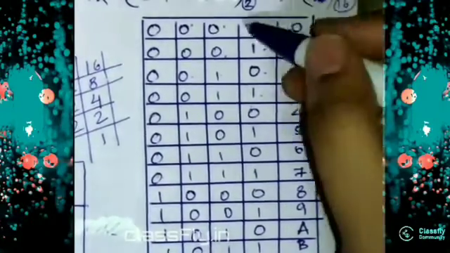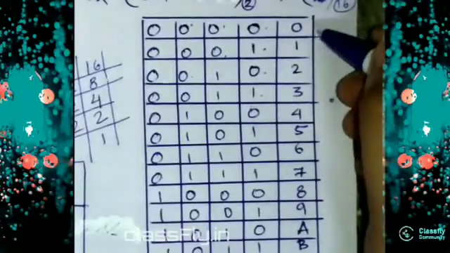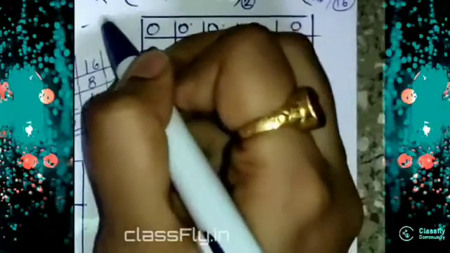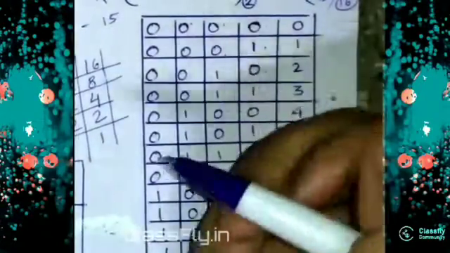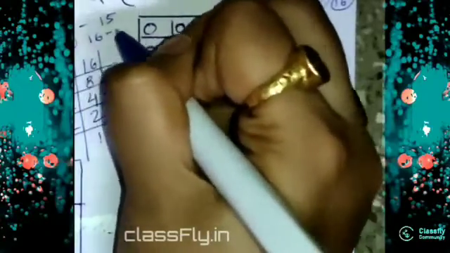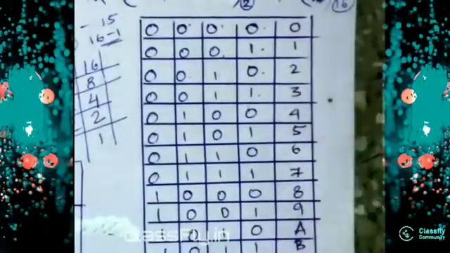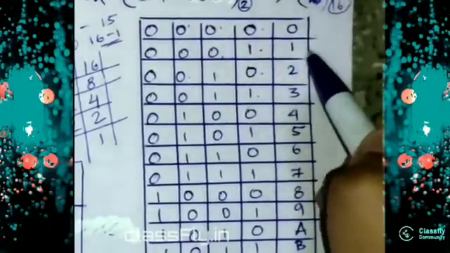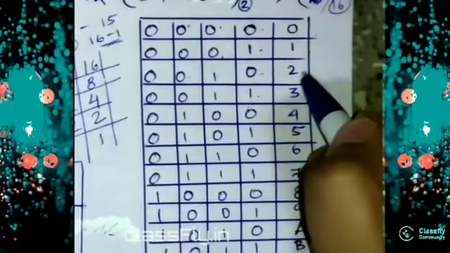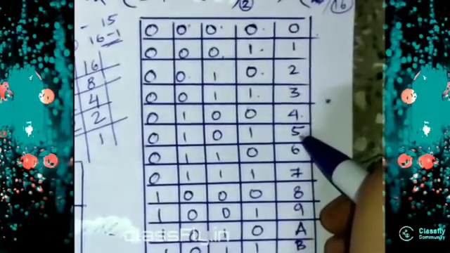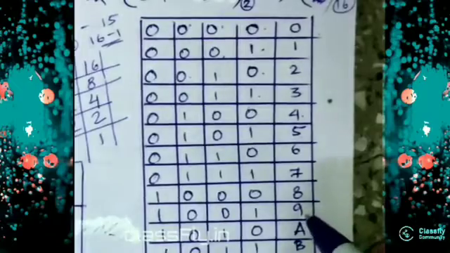Now we will give them a number. As hexadecimal is from 0 to 15. Why 0 to 15? If our base is 16, the last digit will be 16 minus 1. So the first row will be 0, second row will be 1, third row will be 2, fourth row will be 3, fifth row will be 4, sixth row will be 5, and till 9 it's okay.